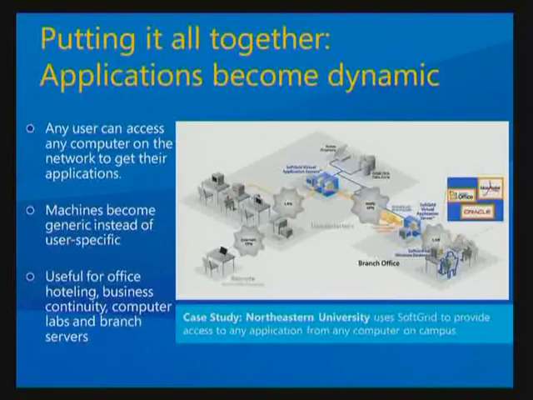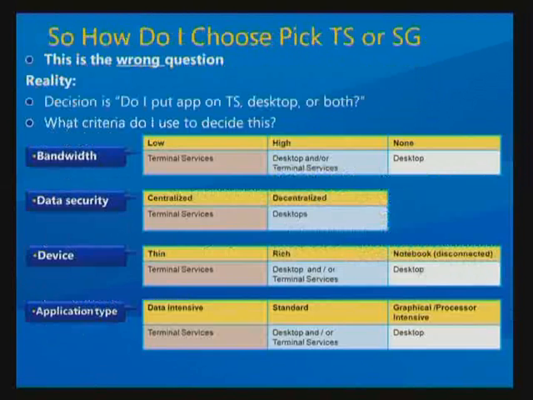Now, that sounds great. Some of you still might be going, but how do I pick between SoftGrid and terminal services? I promised we would address this. Really, it's the wrong question. The right way to think about it is, where do I want an application? It's the same decision we've always had with terminal services. Do I want to run the application on my local machine and have it execute there with all the benefits that gives me?